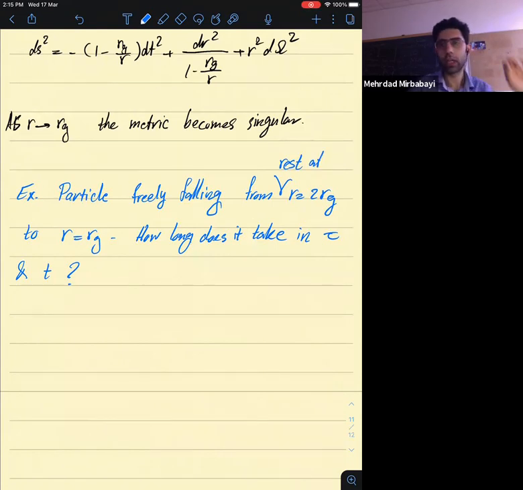So this is just radial motion. It is at rest at r equals 2rg, then it starts falling, and we want to calculate the time it takes to arrive at r equals rg.